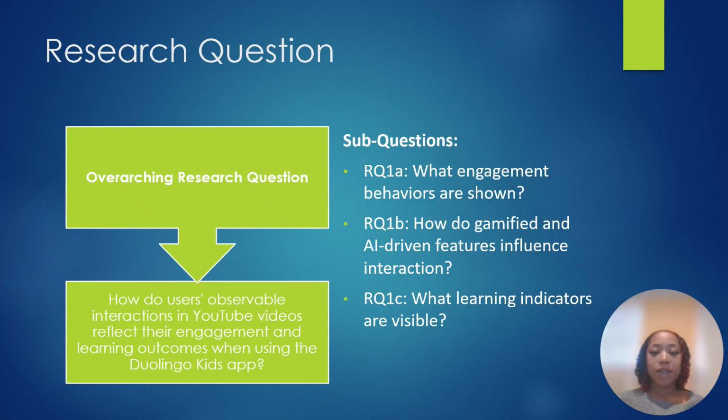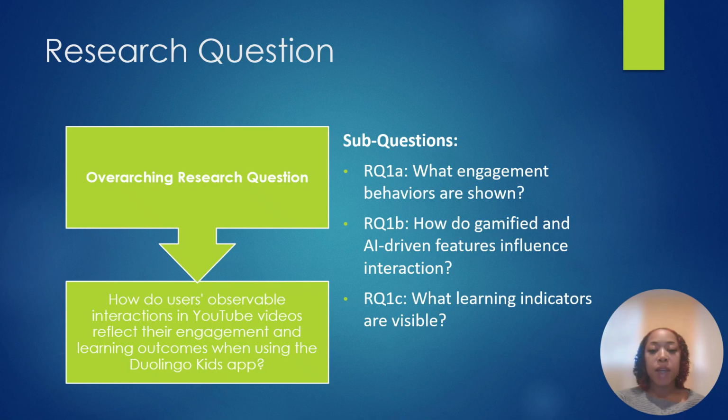Research questions. This study is guided by one overarching research question. How do users' observable interactions in publicly available YouTube videos reflect engagement behaviors and learning outcomes while using the Duolingo Kids app? To support this question, there are three sub-questions. Research question 1A.